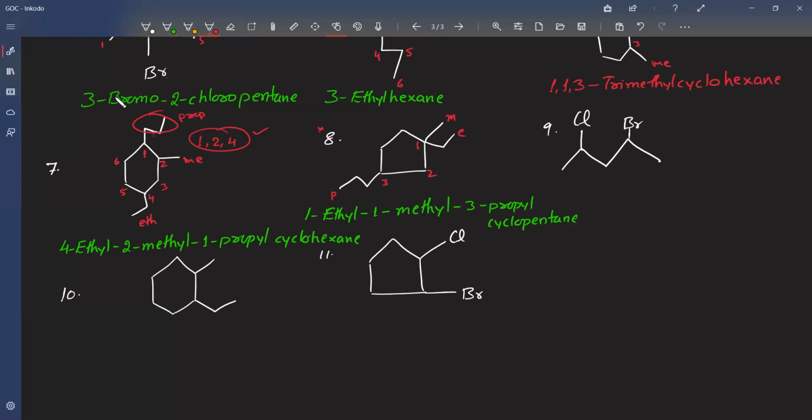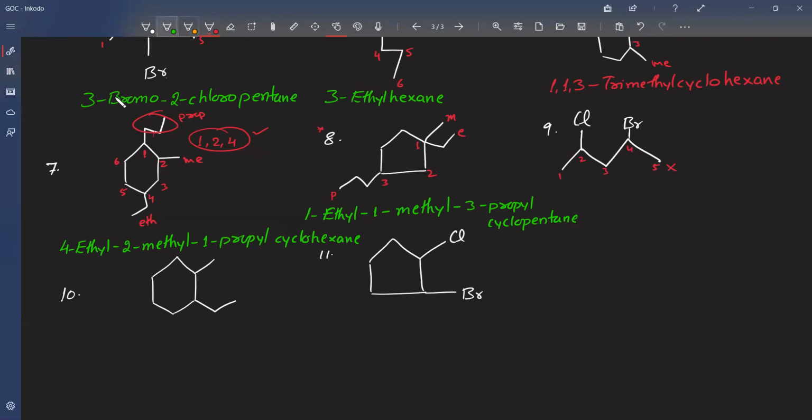Next one. Ninth one is 2 bromo 4 chloropentane. Yes. So you can give them numbers. If you start giving them numbers in this way, this is wrong.